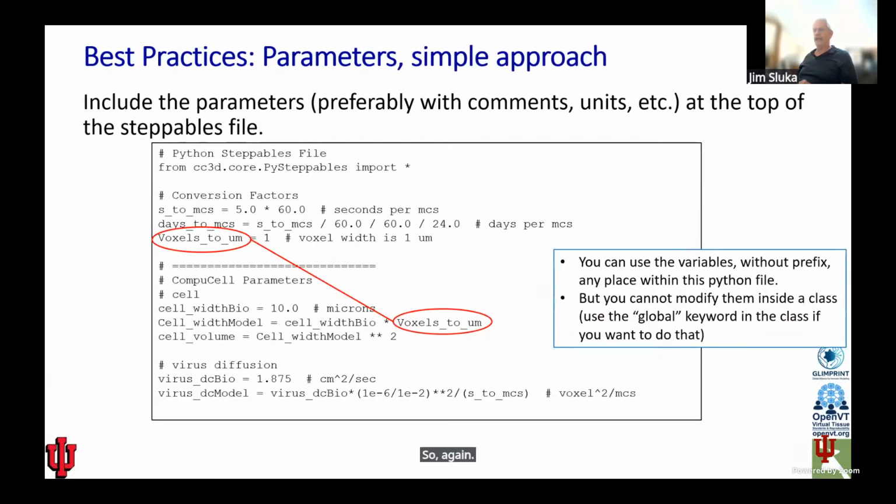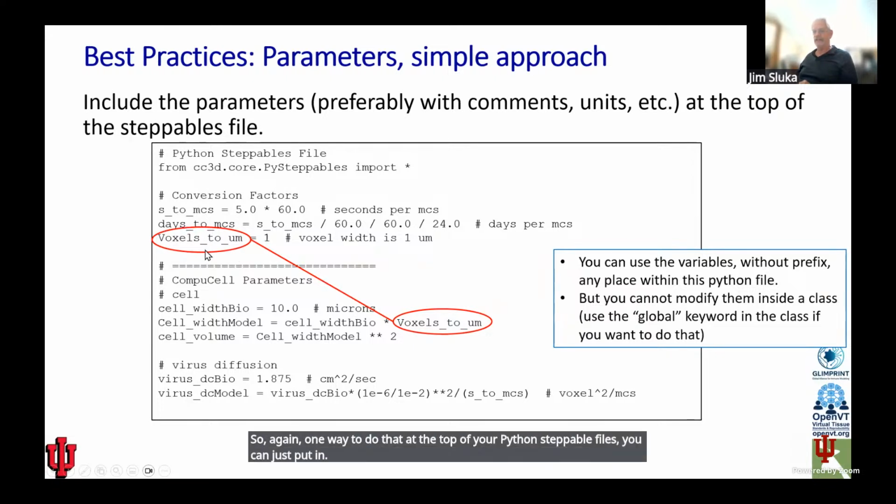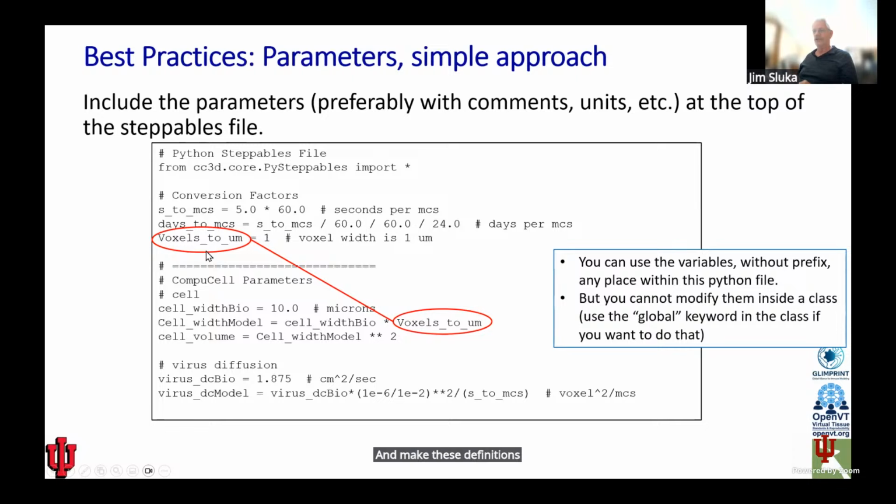So again, one way to do that, at the top of your Python Steppable files, you can just put in and make these definitions as code. So here I have an example of them. I'm going to explicitly say a voxel is 1 micron in width. Now, when I do things like scale the model, I can use this voxel to micron conversion factor to define how wide the model is.